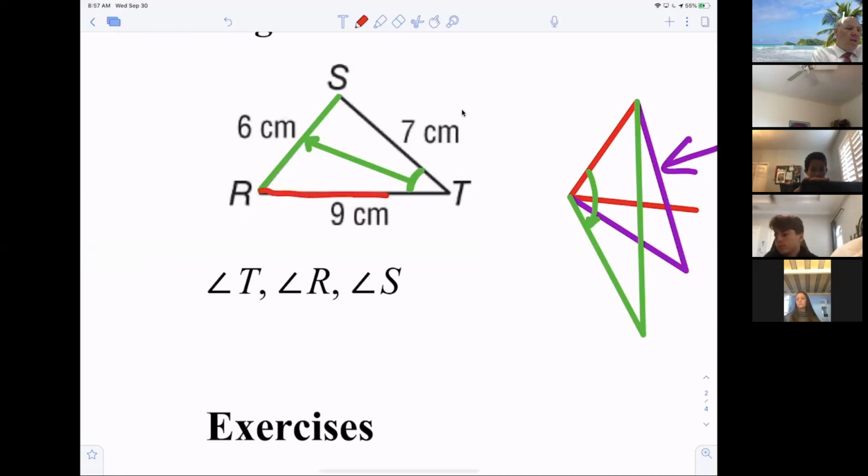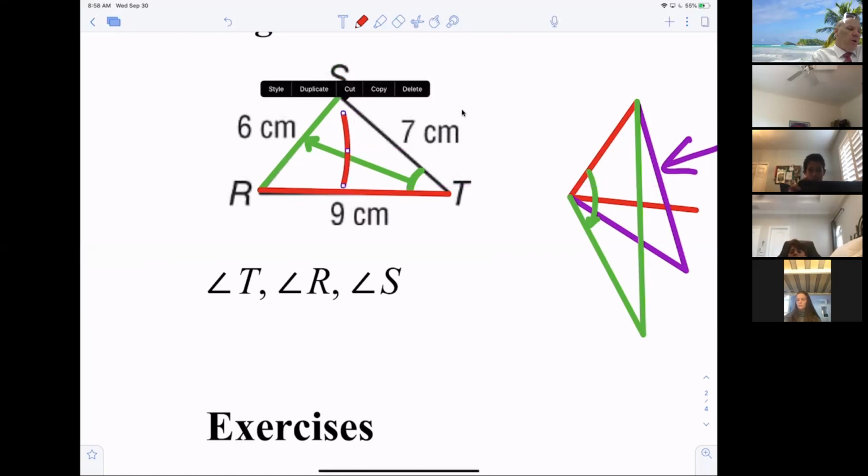RT is the largest side of the triangle. That forces angle what? Angle S to be the largest. So again, in a triangle, and this only works for a triangle, opposite the largest side is the largest angle.